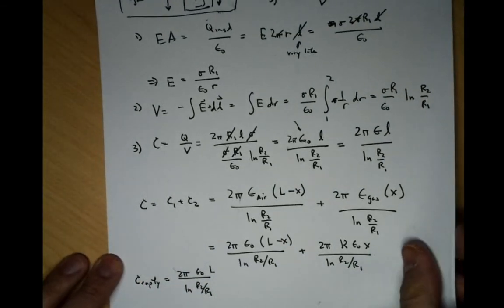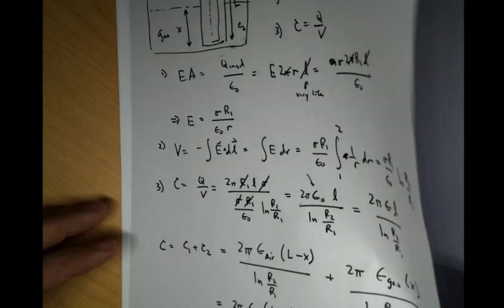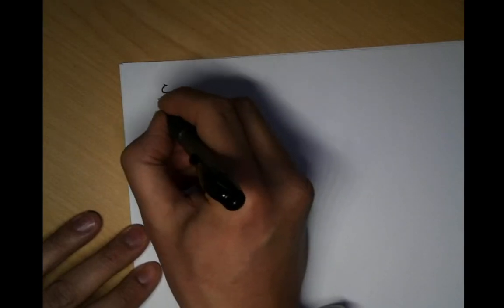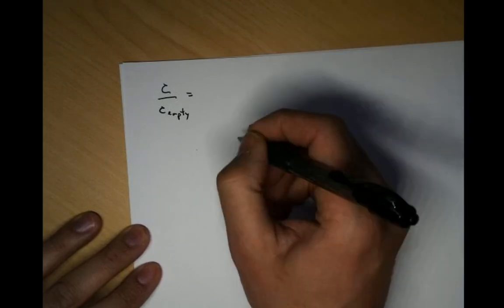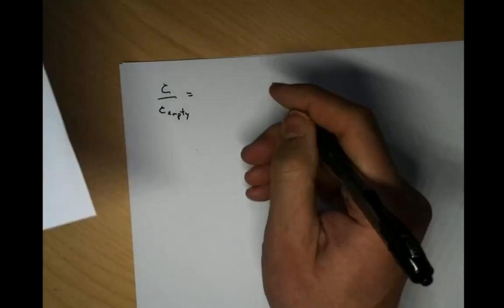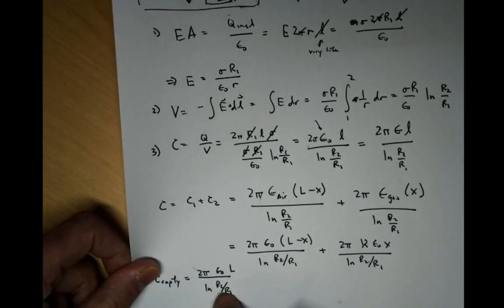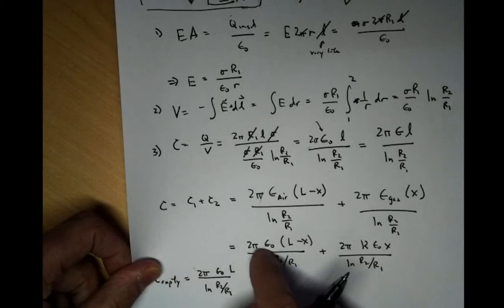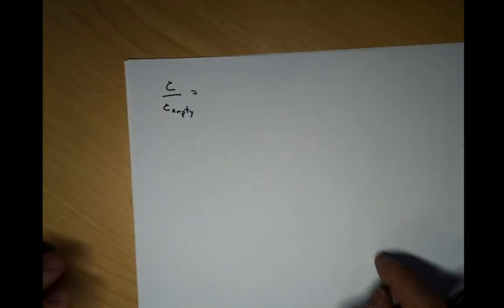And now basically I'm going to construct C divided by C empty, okay? So you can see a lot of stuff is going to cancel out now. The 2 pi's will cancel, the logarithm will cancel, the epsilon zeros cancel out. So if we write this thing out, it looks something like this.